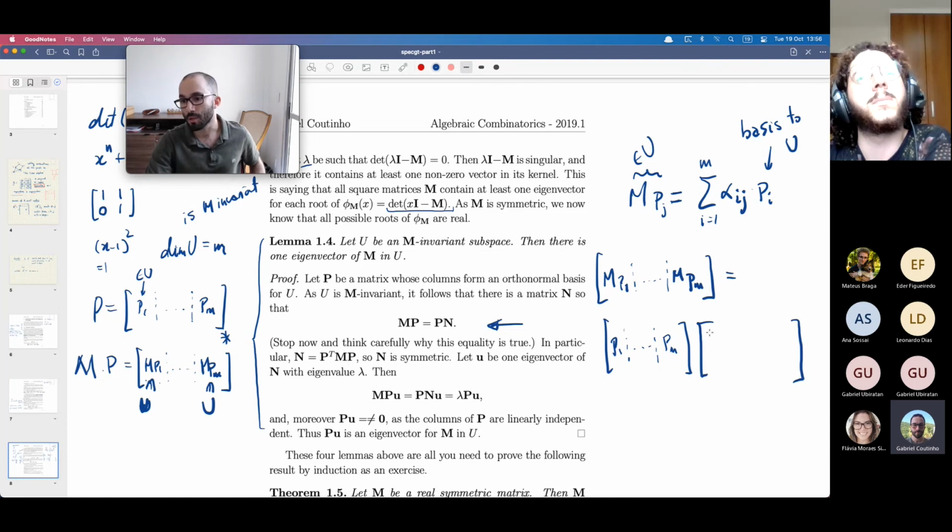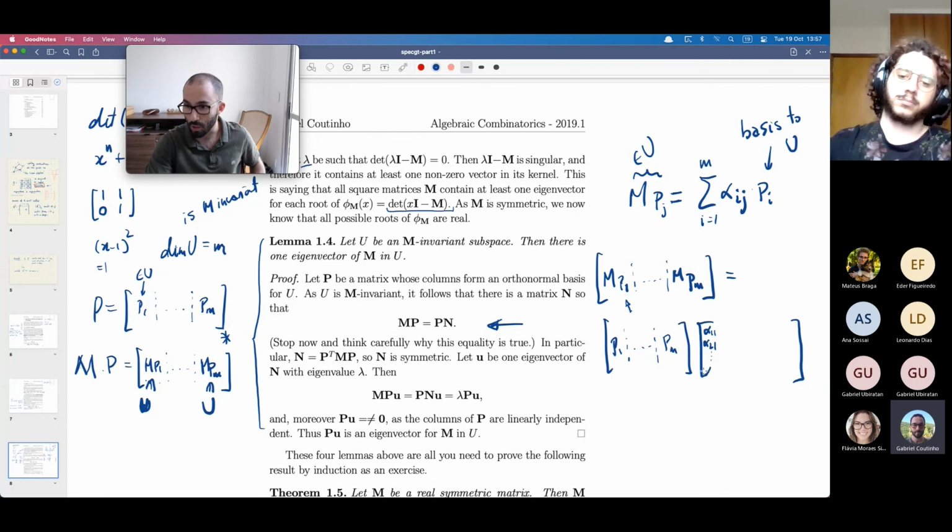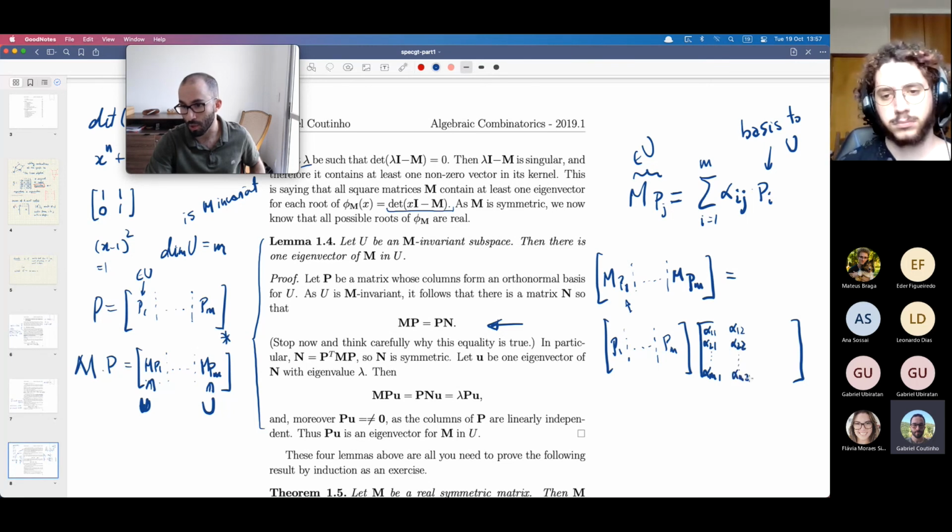And this matrix now, the first column is going to give the linear combination of these guys, which is equal to the first column. So this is going to be alpha 1 1, alpha 2 1, dot dot dot, alpha M1. Here is going to be alpha 1 2, alpha 2 2, dot dot dot, alpha M2, and so on.